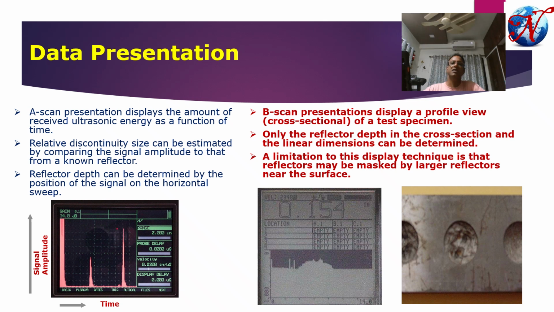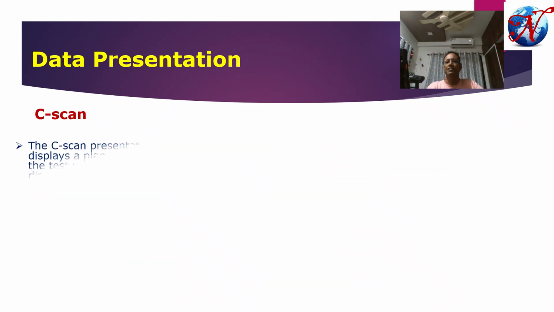B scan is a presentation or display of a profile view, that is, a cross-sectional view of your test specimen. Only the reflected depth in the cross-section of the linear dimension can be determined. The limitation of the B-scan display technique is that the reflector may be masked by a higher reflector near the surface.